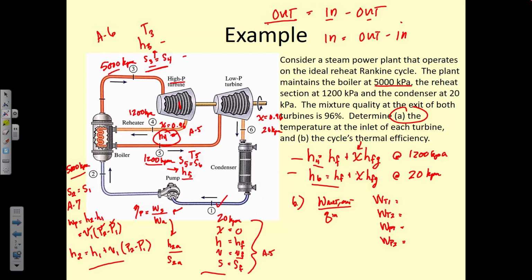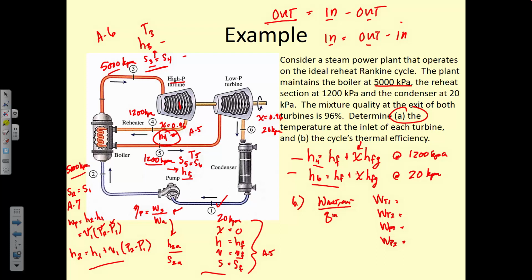If you're solving for a work in, you're going to take the outlet minus the inlet. That's for steady flow, and if you can't remember which one is which, you can look at your enthalpy values and see which one is bigger, but if you've looked up the wrong enthalpy values, that doesn't help you, right?